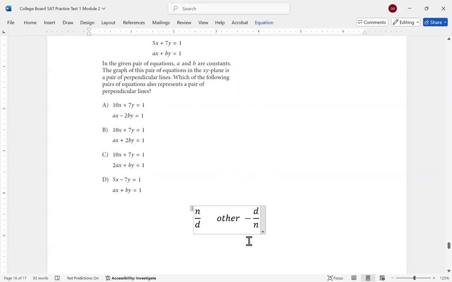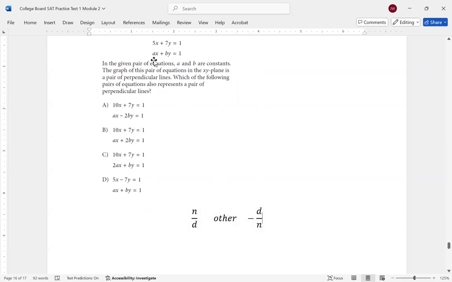Sorry, negative reciprocals is what we're looking for with perpendicular lines. So the change in x and change in y are going to be reversed and negated.